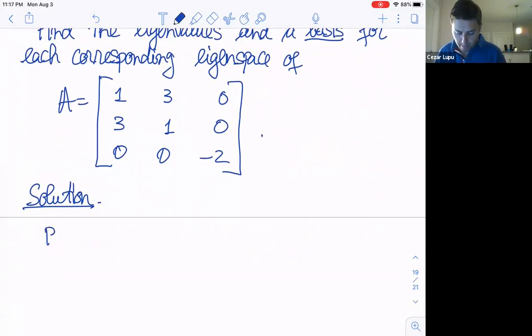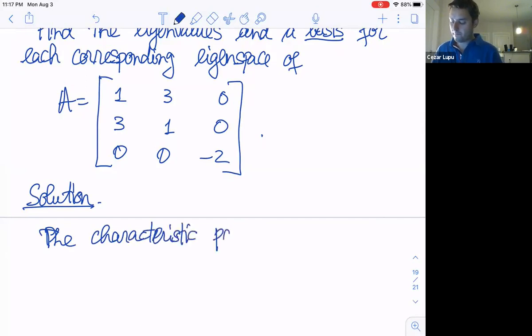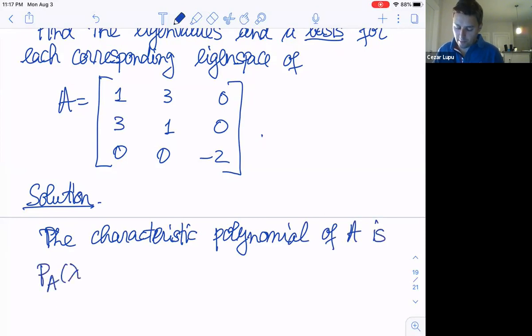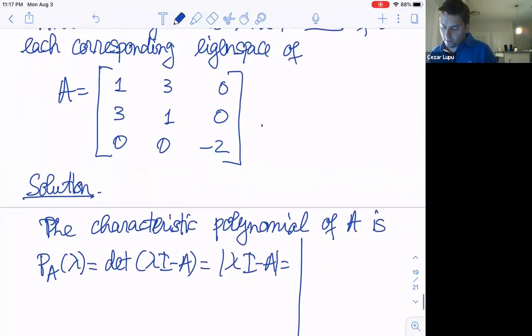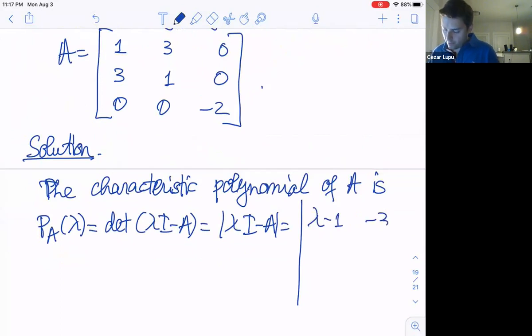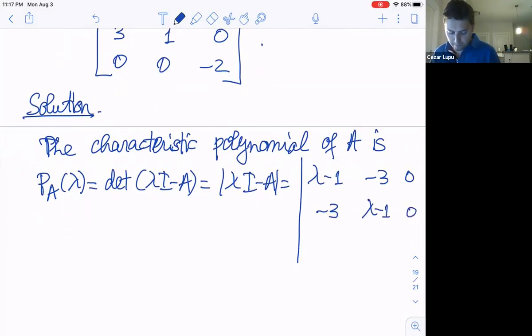Well, the characteristic polynomial of A is given by P_A of lambda is the determinant of lambda times the identity minus the matrix A. Now let's see: lambda minus 1, negative 3, 0; negative 3, lambda minus 1, 0; 0, 0, lambda plus 2.